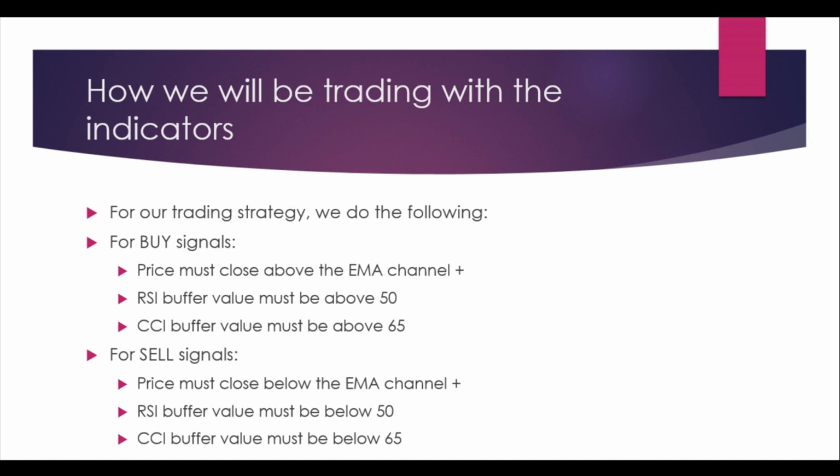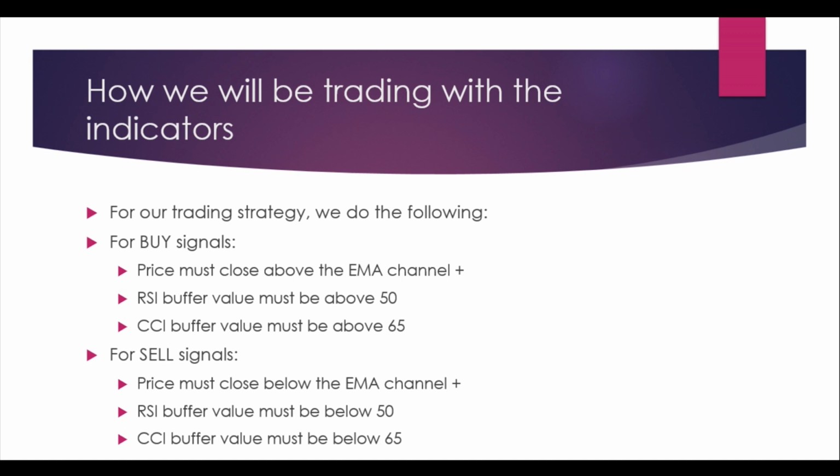And then for sell signals, you're going to look at whether price is below the EMA channel. We're going to create a channel where we take two EMAs of the same period, with one set to the high and the other set to the low. So that region of price between its high and its low over the last number of bars would be the average area where price is moving.